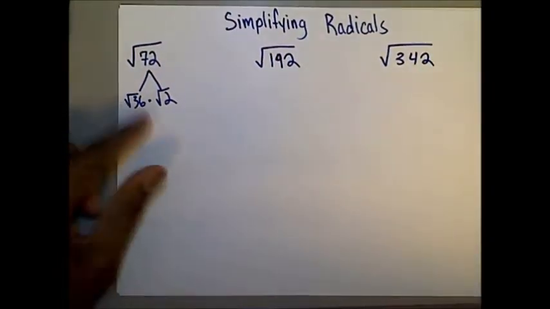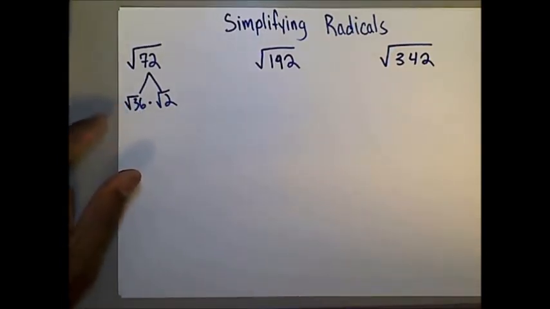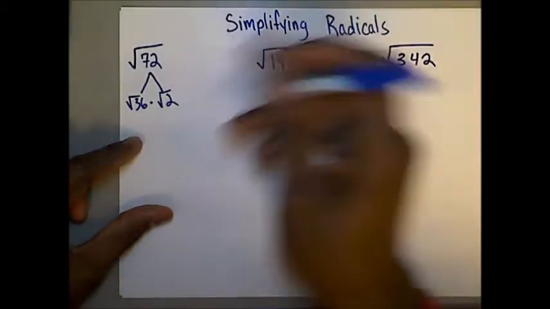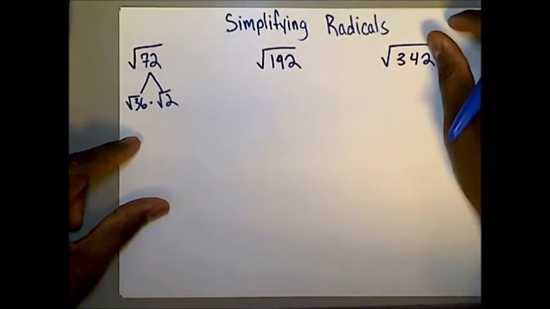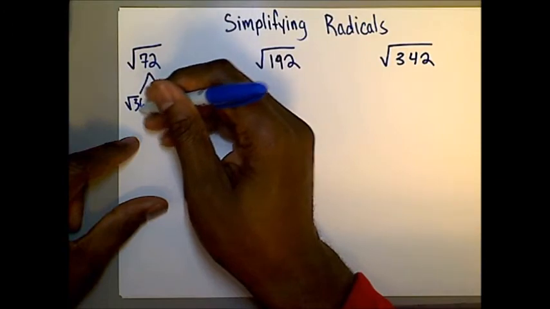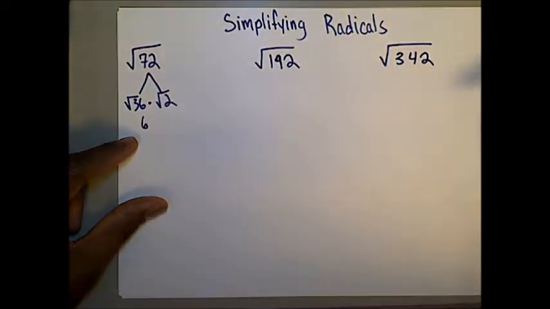Okay? So we know that 36 is a perfect square, and the square root of 36 is 6. So I can rewrite the square root of 36 as 6.